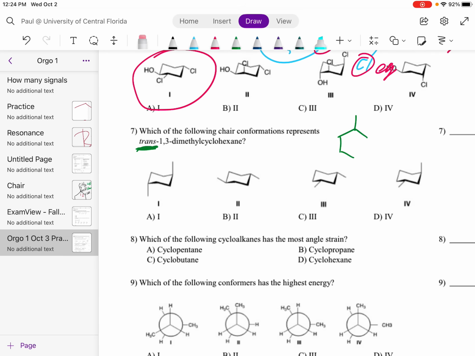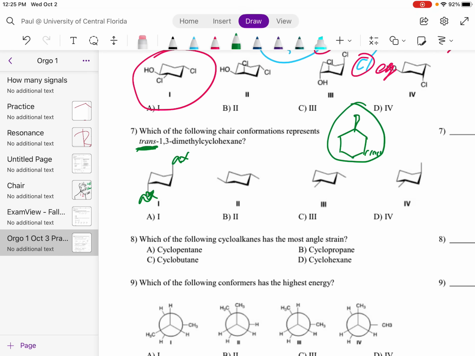So in order for that to be trans, then one has to be a wedged methyl and one has to be a dashed methyl, because those are going to be on opposite sides of one another. So what would be the correct answer there? If we take this structure now and convert it to a chair, we can see in structure A, those are both axial.